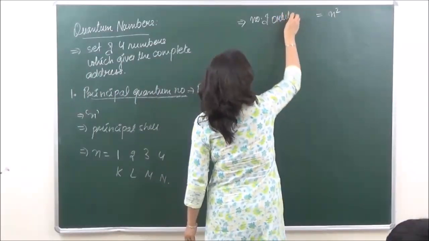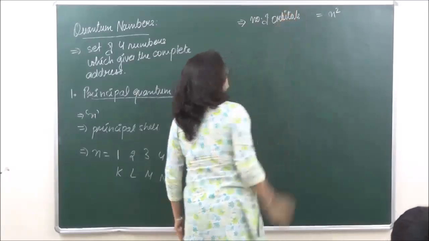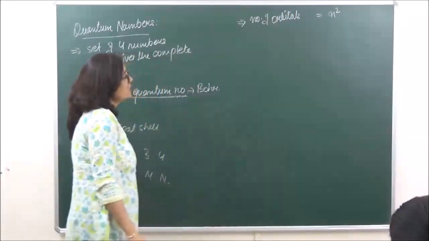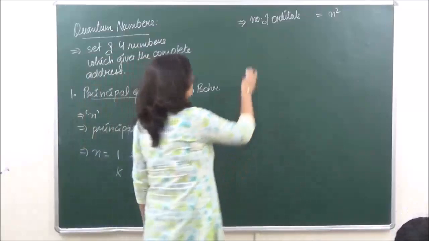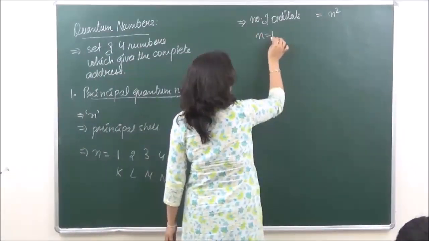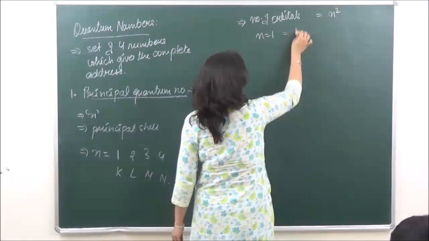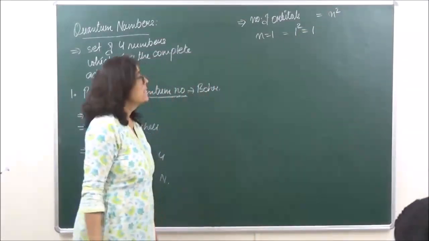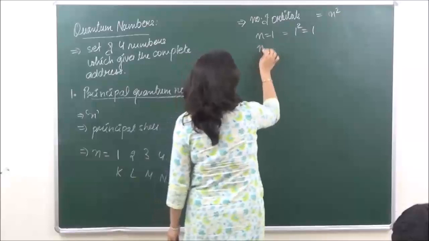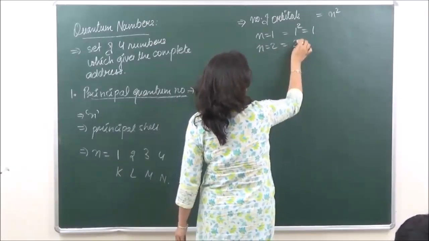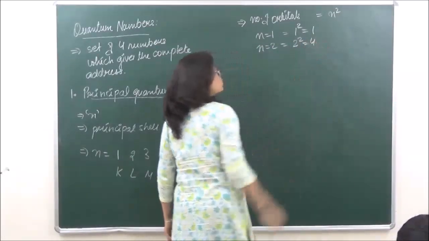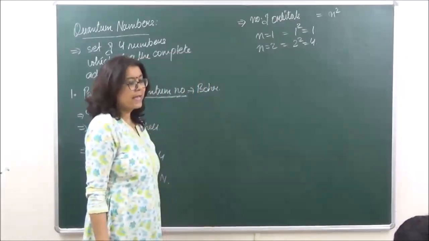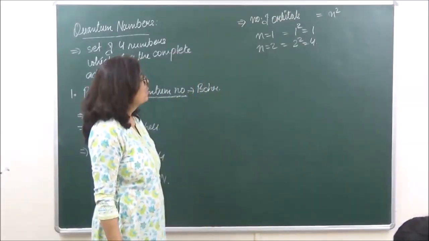For example, if n is equal to 1, the number of orbitals present will be 1. If n is equal to 2, then the number of orbitals present will be 4, and so on.